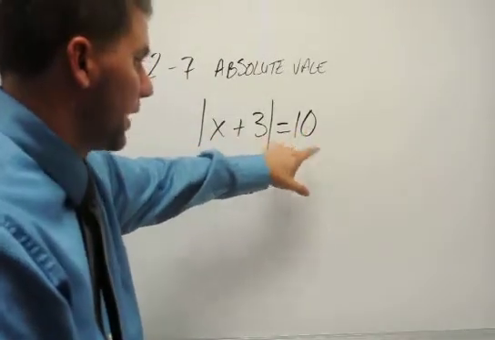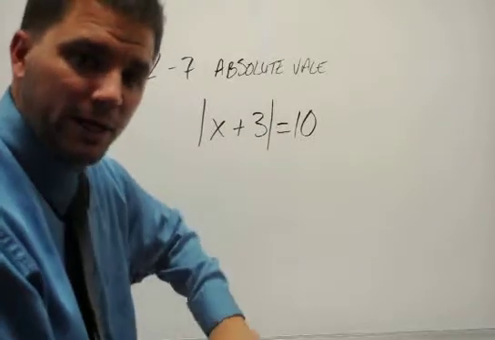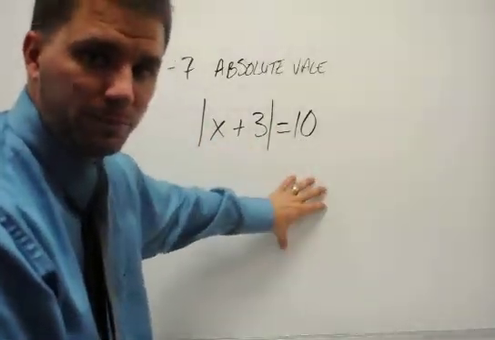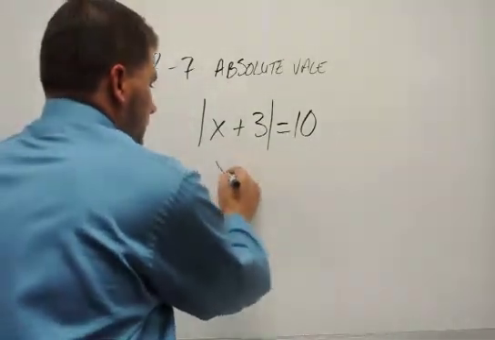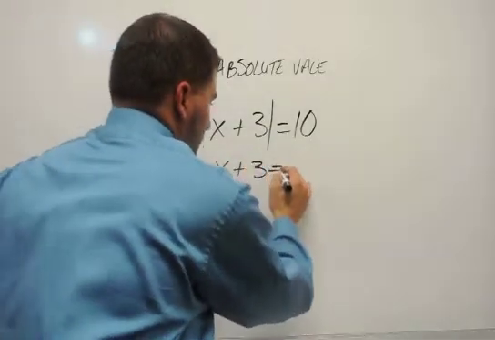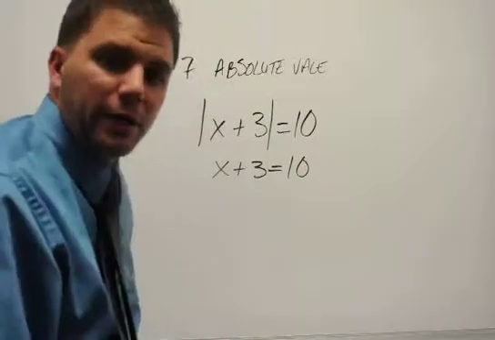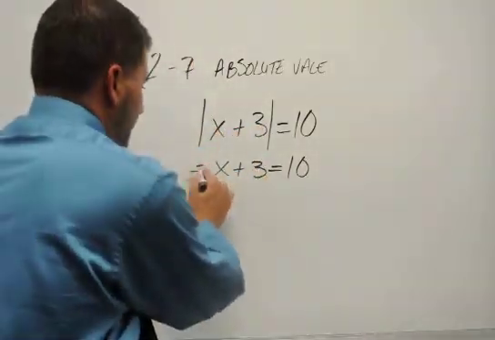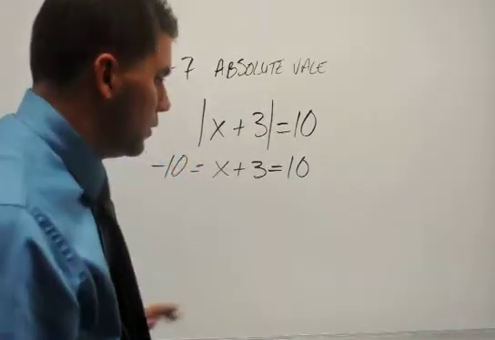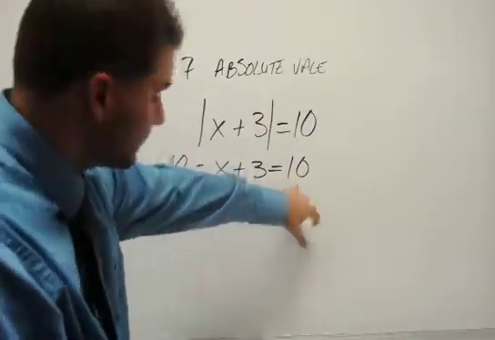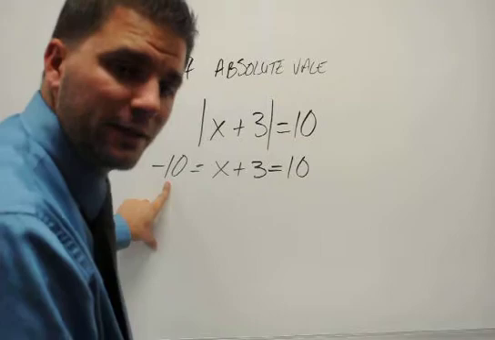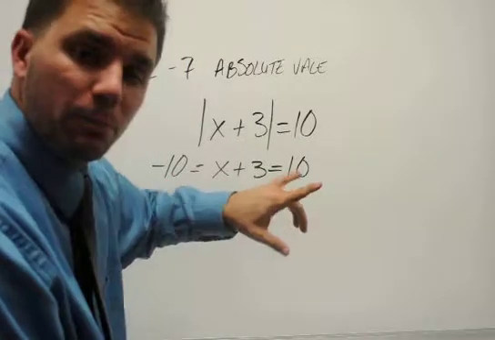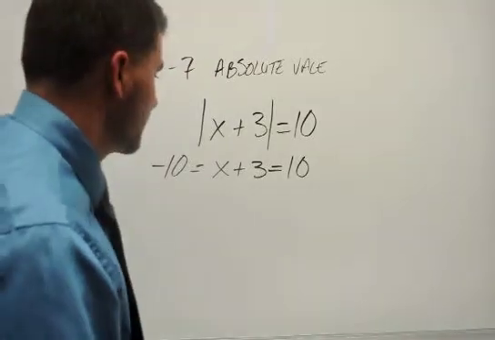We know that our answer can either be a positive or a negative because when it comes out of the absolute value, it will become a positive number. And here's our trick. We're going to go ahead and drop the absolute value signs. We'll have our original problem, and then we'll make the negative answer on the other side. What this will allow me to do is get both of my answers at once.